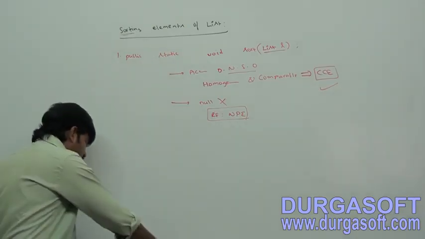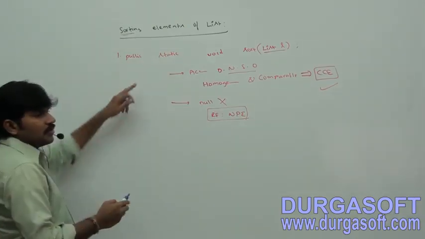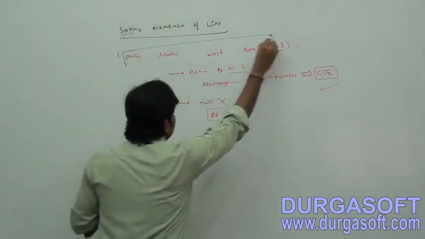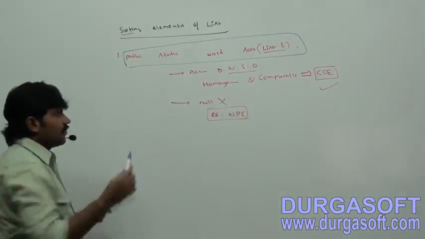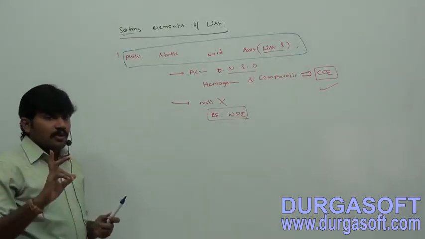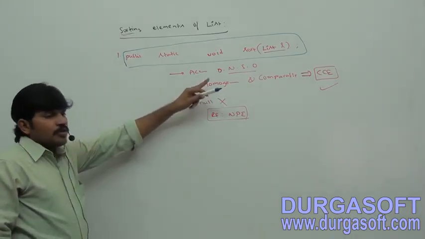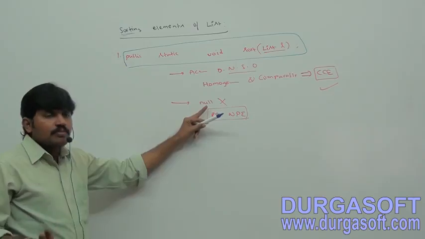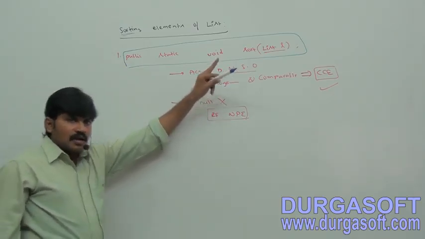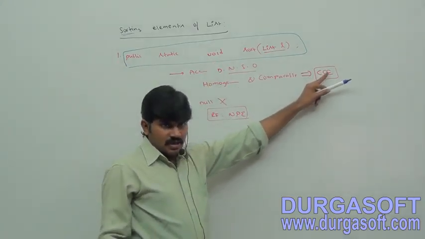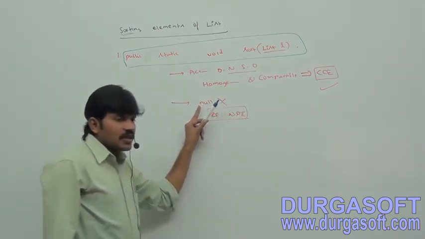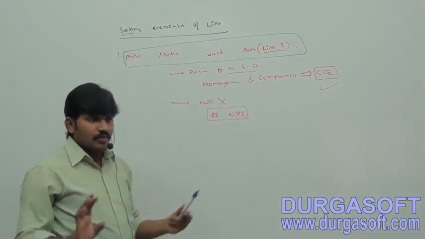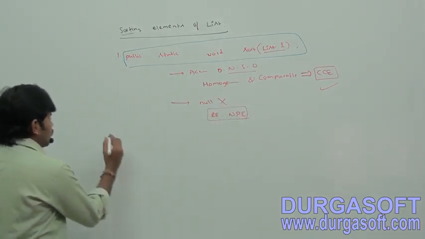So the first method sorts elements of a list according to default natural sorting order, but compulsorily the objects should be homogeneous and comparable, and the list should not contain null. If not, we get ClassCastException, and if the list contains null, we get NullPointerException.